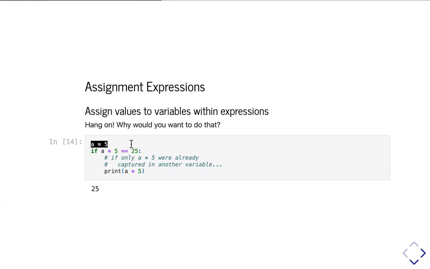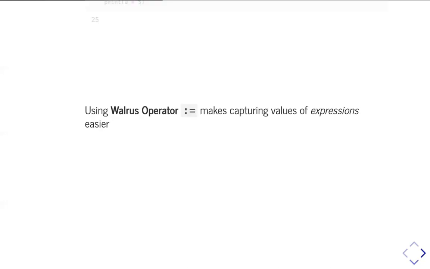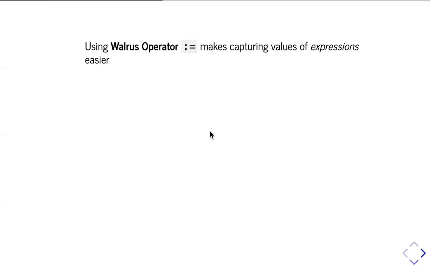It's because if you had a variable set to a value, and then you put that variable along with some manipulations, like a were 5, and you wanted to check if a times 5 was equal to 25, and you needed that value that you calculated in that if statement, you would have to rewrite that thing and print it out. So it's kind of a hassle, but with the Walrus operator, it makes that a little easier.